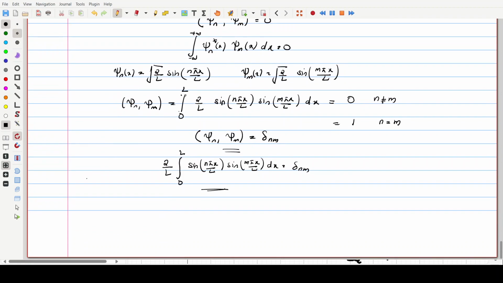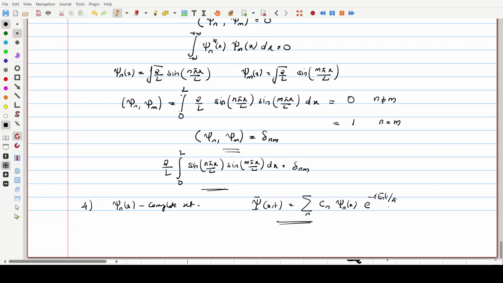And the last thing, which we have already discussed earlier also, is that all these psi n of x form a complete set. Therefore, in general, any wave function of the system can be represented as a superposition of psi n of x. More generally, the wave function psi of x,t we can write as the sum over n of cn psi n of x e raised to minus i En t by h cross.